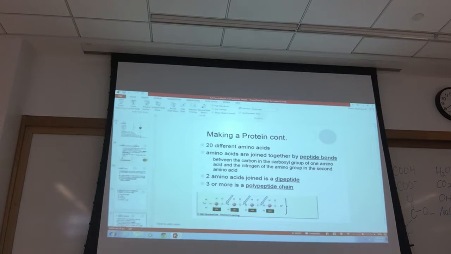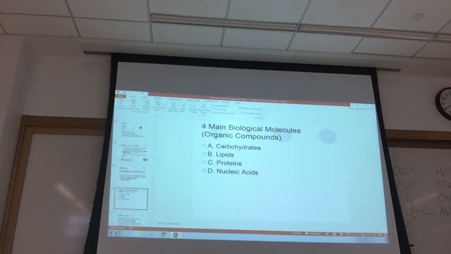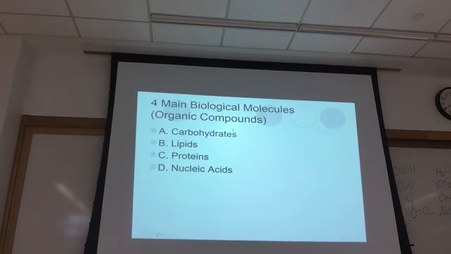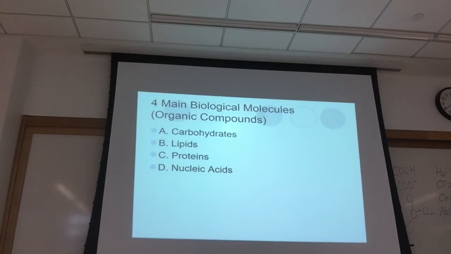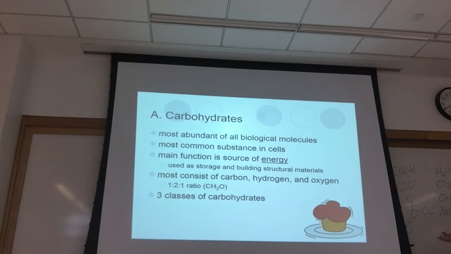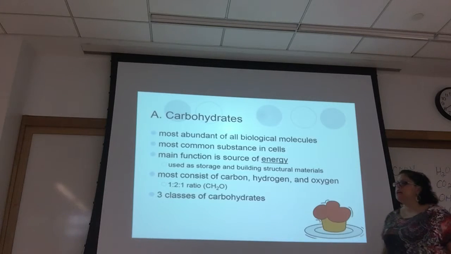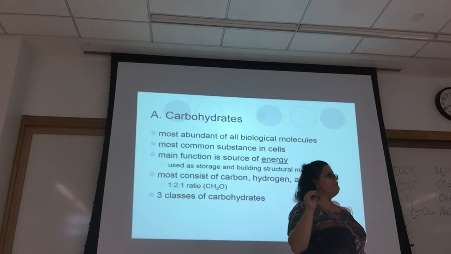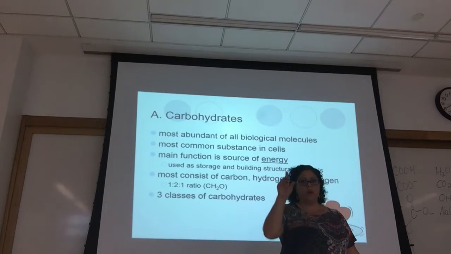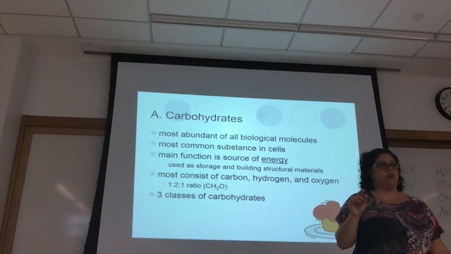So looking at the 4 different biological molecules, let's talk first about the carbohydrates. These are sugars, saccharides. The simplest of the carbohydrates are the monosaccharides. One sugar, one simple sugar.